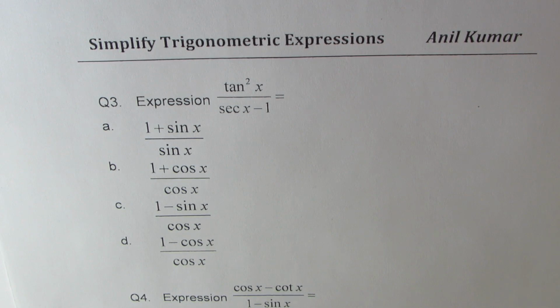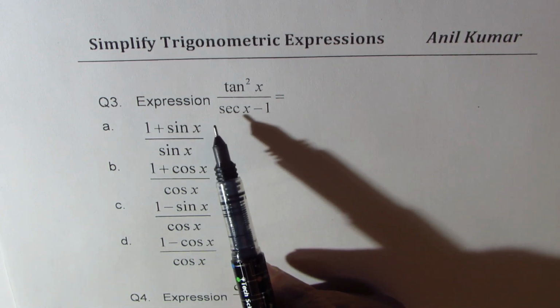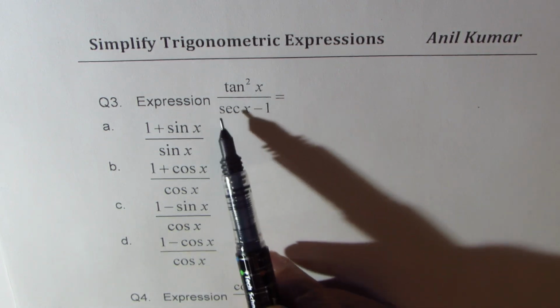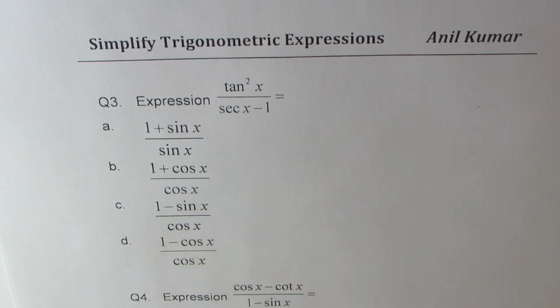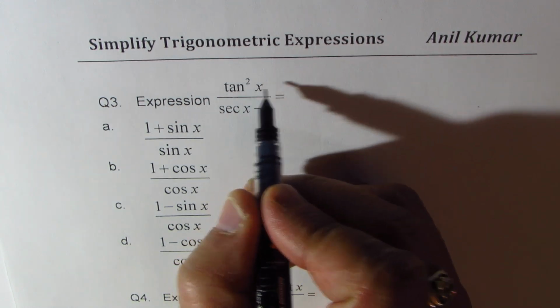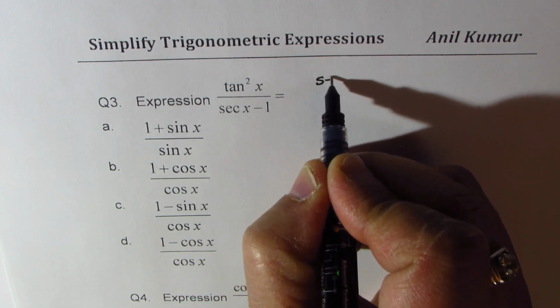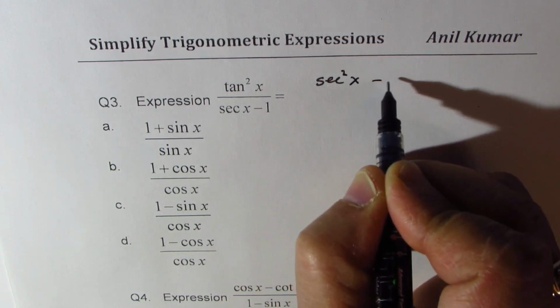So now we are going to simplify the expression for tan square x divided by secant x minus 1. Now this is very similar to our first example. So it is a practice question for you. I would like you to pause the video, answer this question, and then look into my suggestions. Now tan square x can be written as secant square x minus 1.